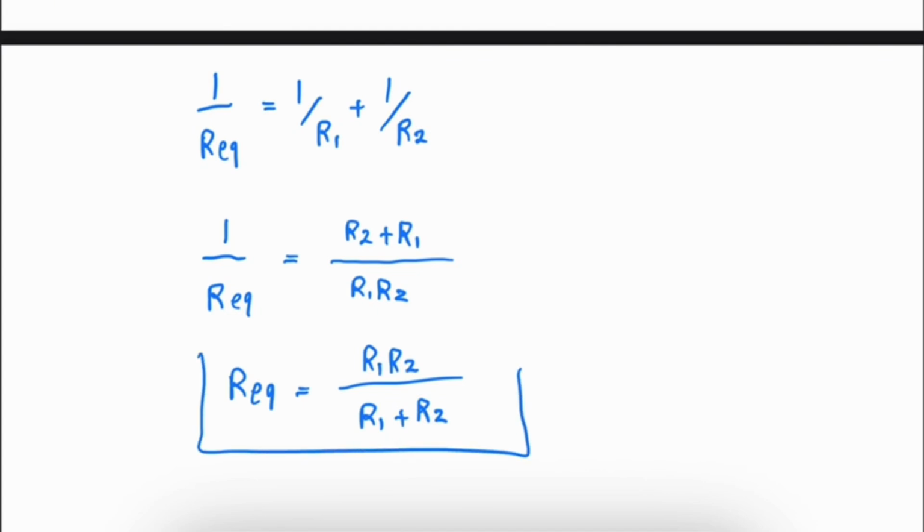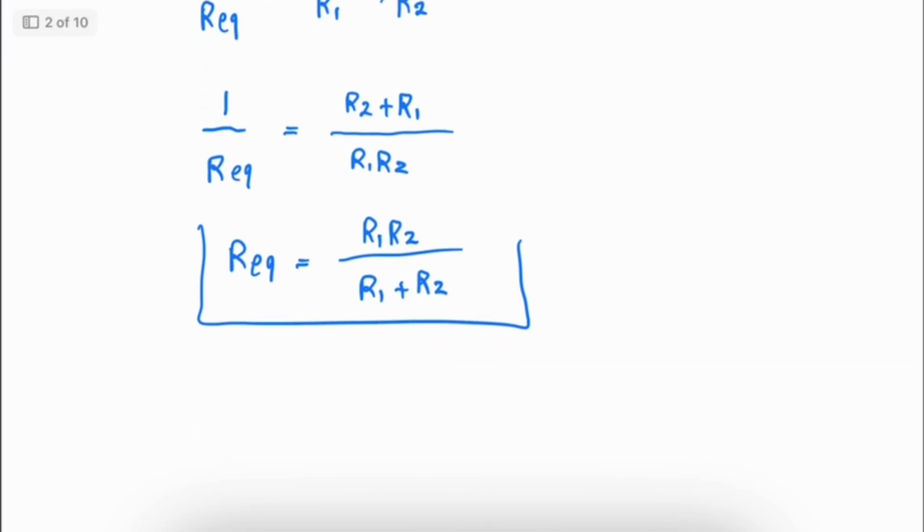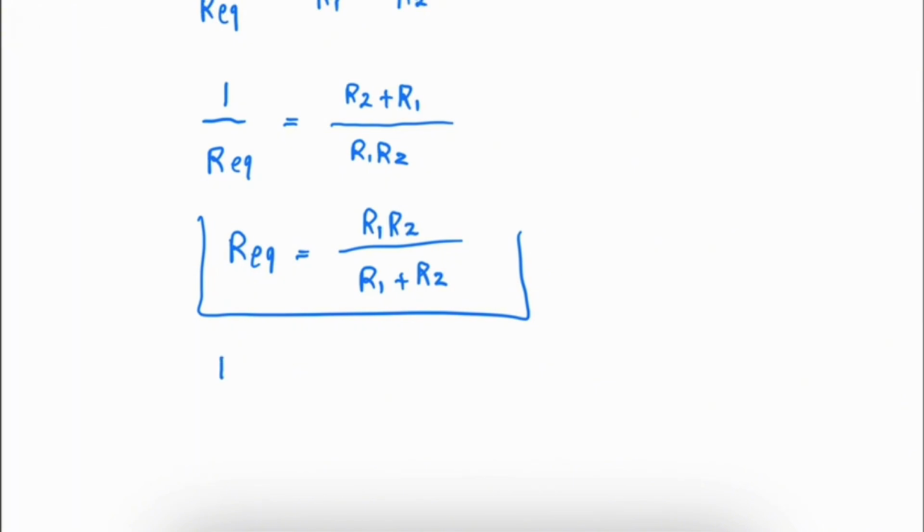This formula gives the equivalent resistance of two resistors in parallel. For N resistors in parallel, the formula can be written as 1 over R equivalent is equal to 1 over R1 plus 1 over R2 plus 1 over R3, up to plus 1 over Rn.